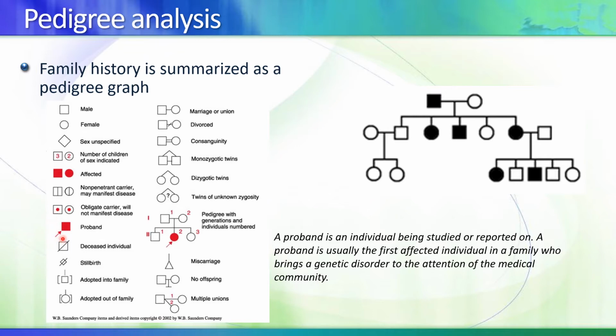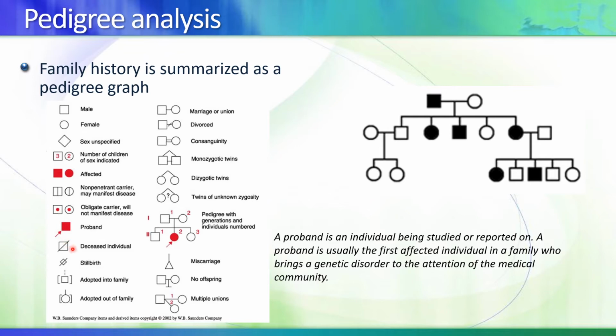If you have an arrow as shown in here, it means that this person is the proband, meaning the person with symptoms, or affected with a disease, who is reporting to a genetic counselor or to a physician and wants to know the inheritance pattern of this disease.